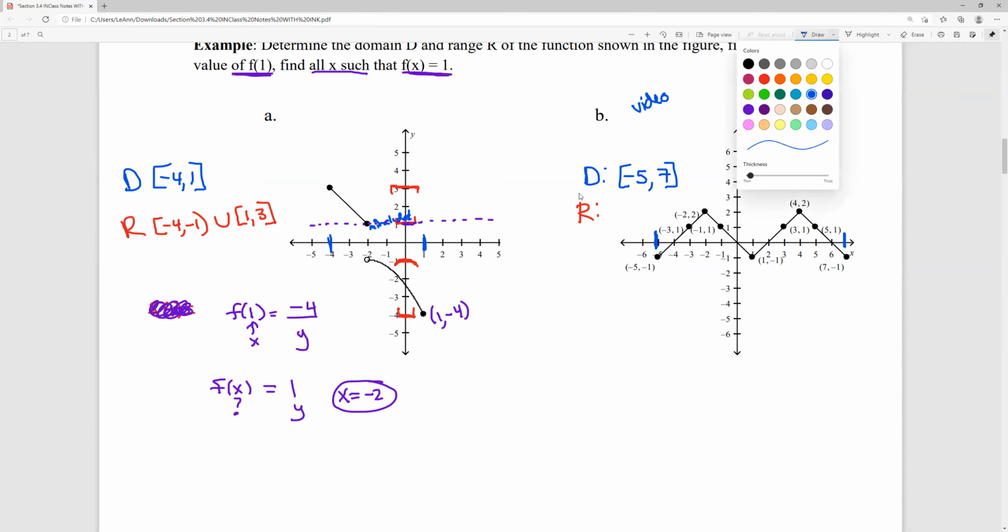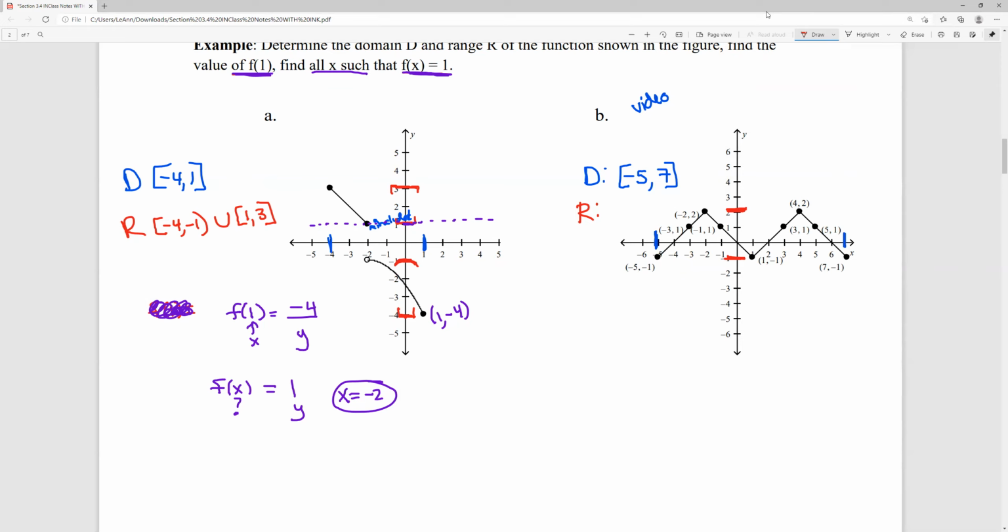Then for the range, we're looking at the y-axis values. So let me get the red. There we go. The lowest my graph ever goes on the y-axis, and I always look left and right, making sure there's no points down here. The lowest we ever go is at -1. The highest the graph ever goes on the y-axis looks like it's at +2. So we can verify that with those points that we see.